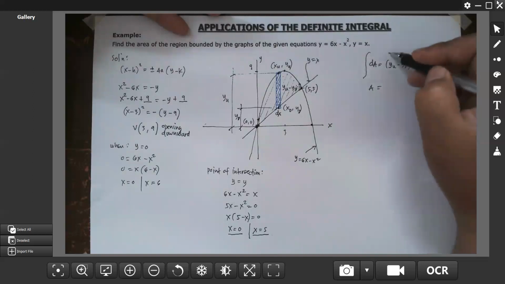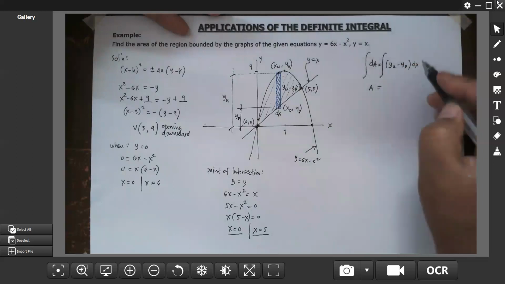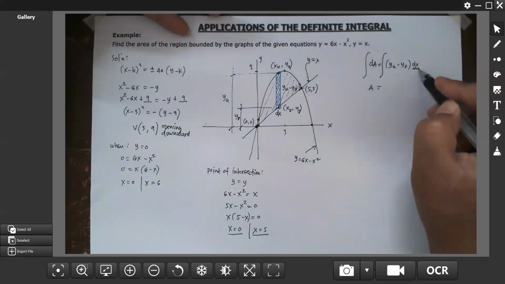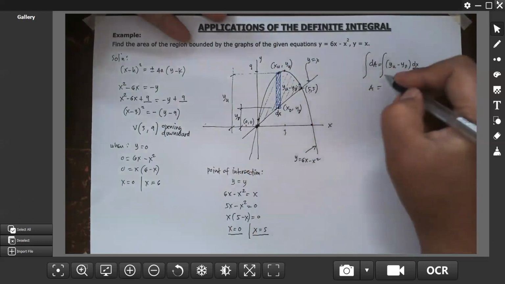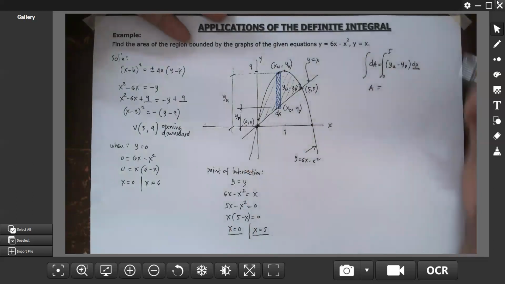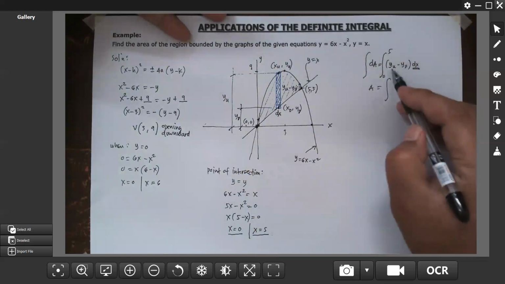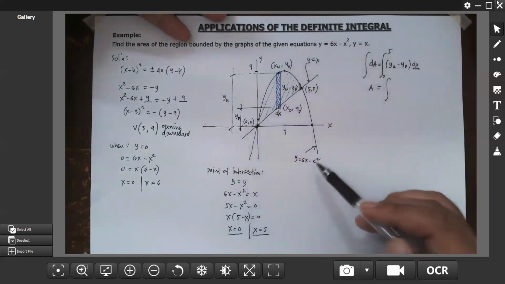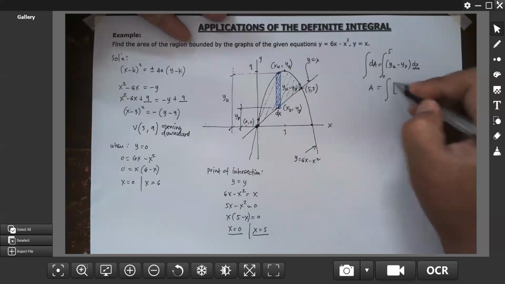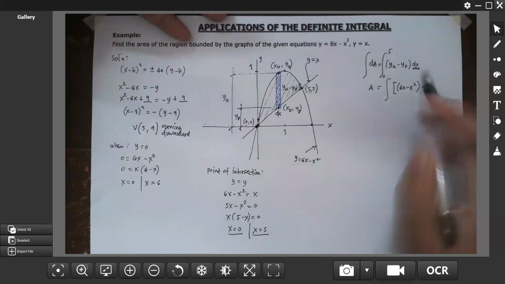So sa right side, we also integrate this one from the lower limit to the upper limit. And since dx ang limit na to x, that will be from 0 to 5. Okay. So, and then we'll substitute y up. Our up is parabola. This one. That's 6x minus x squared minus y down.